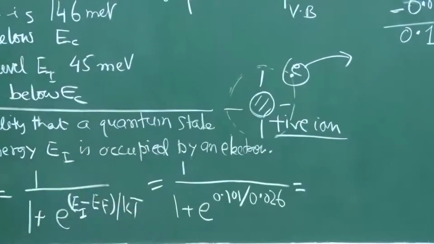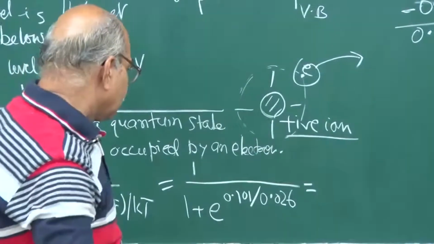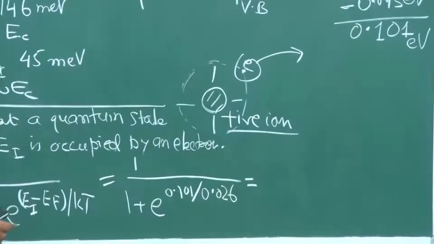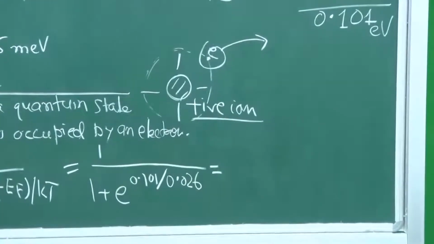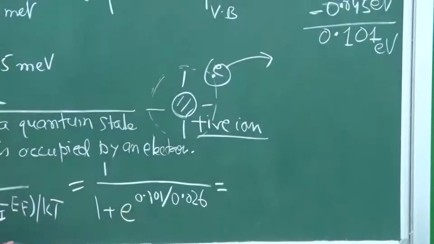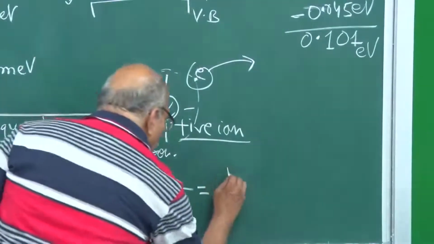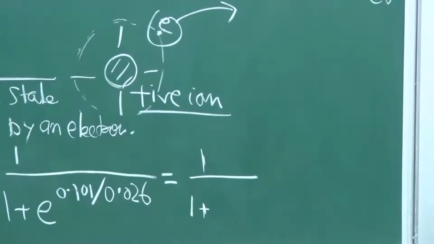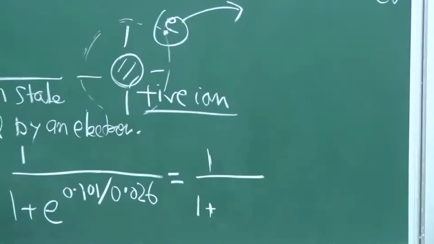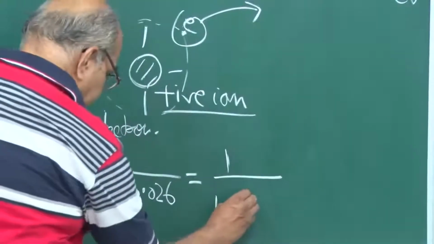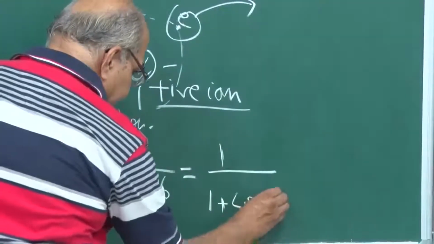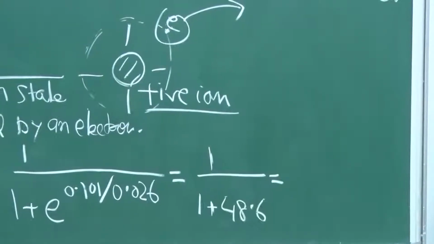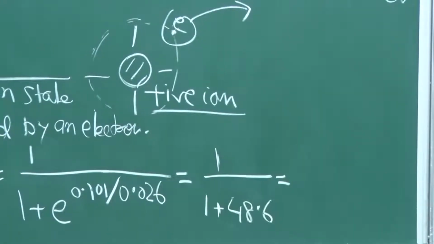So let us work out how much this is. e to the power of this much is 48.6. So that is 1 divided by 1 plus 48.6, which is 1 divided by 49.6, almost 0.02.